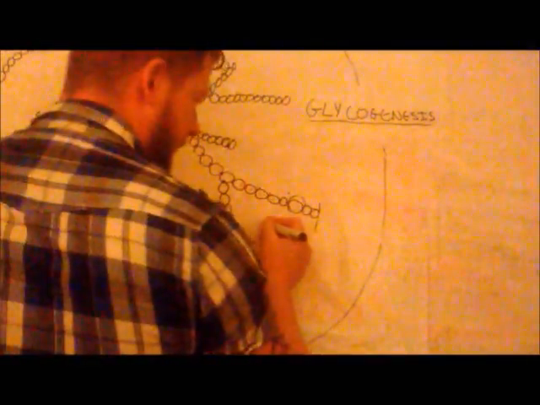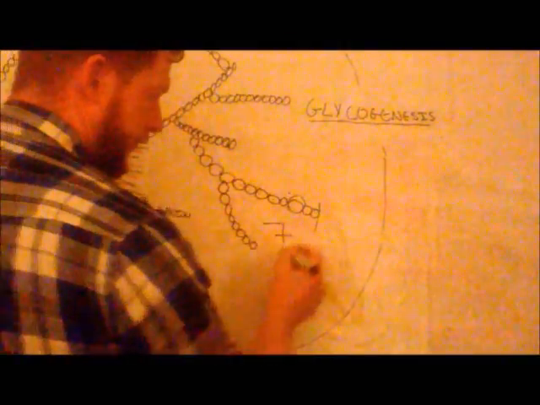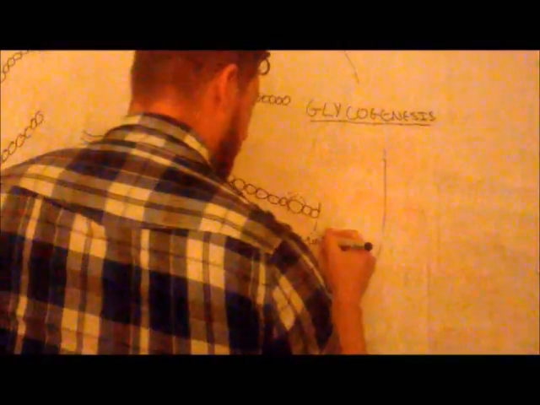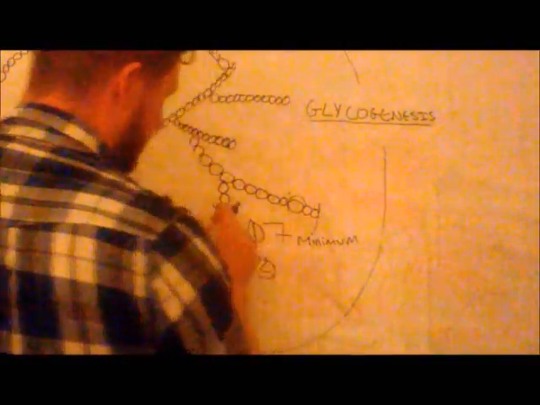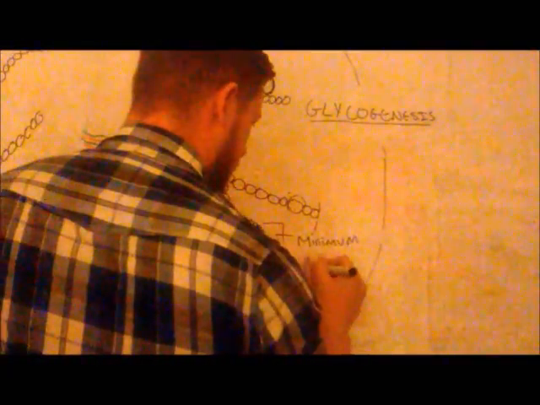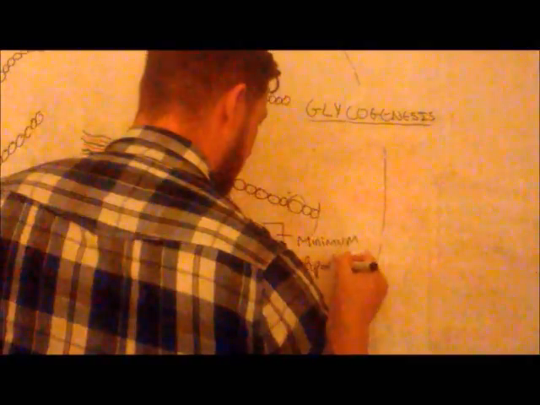So the minimum it can ever take is 7. Rule number 1 is there's got to be 7 minimum. Rule number 2 is that when it branches, they must be spaced at least 4 residues apart.